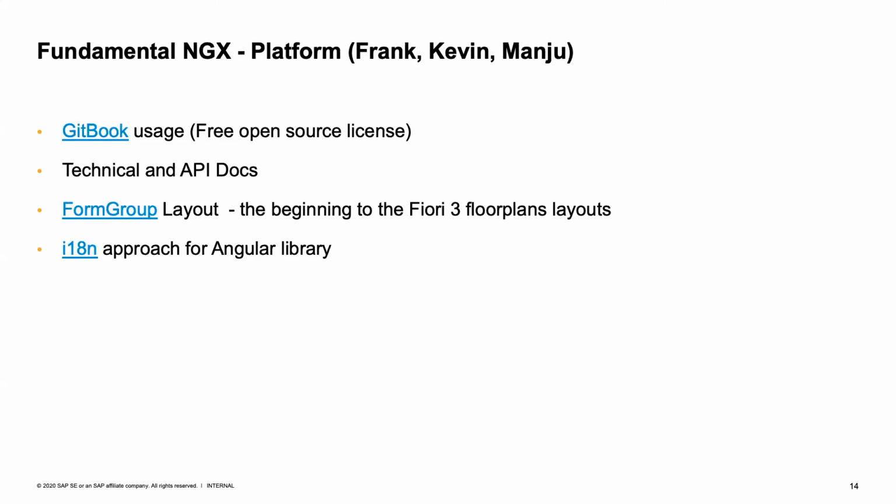And of course, whoever works with Angular and knows i18n, internationalization, knows that Angular up till now didn't give us any support for having i18n within the library. So we will show you later on with Kevin several approaches we took to support i18n within the library as well.